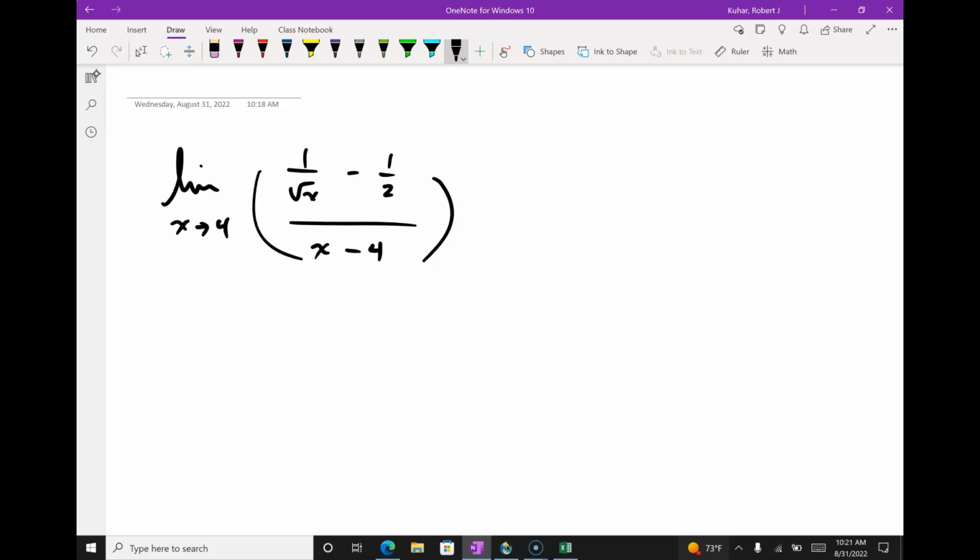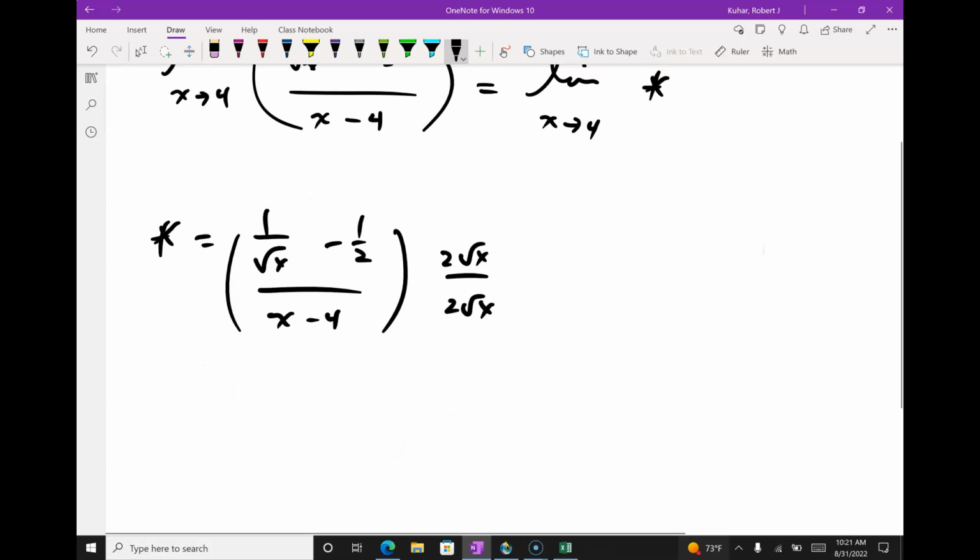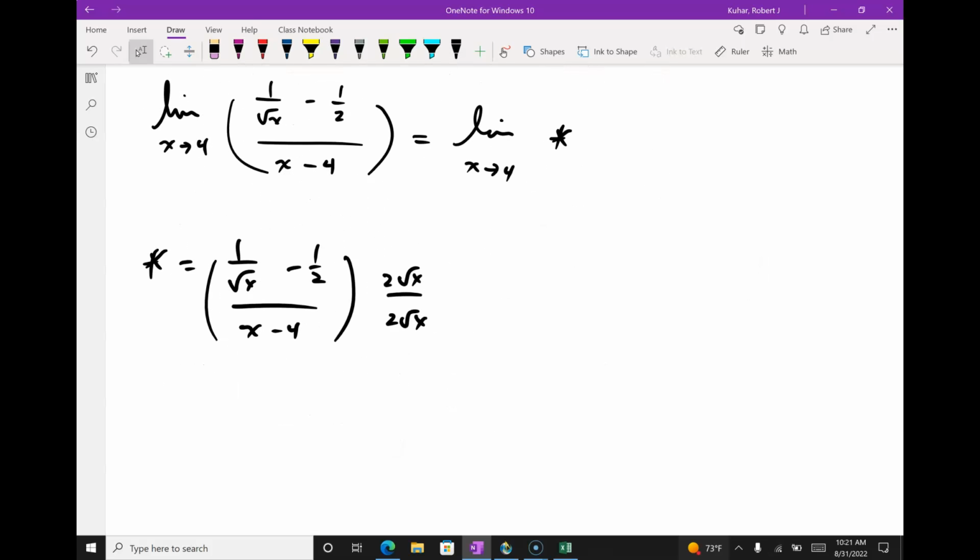So what was our LCD that we got? 2 rad x over itself, yes? Yes? Anybody start there? Good.